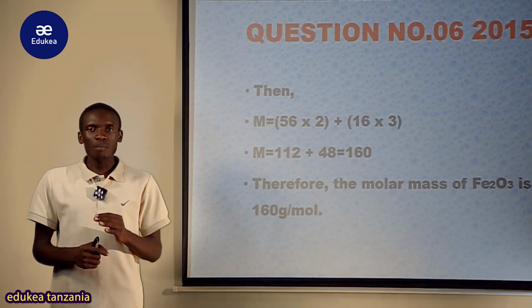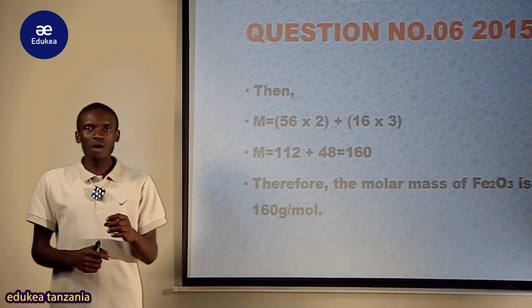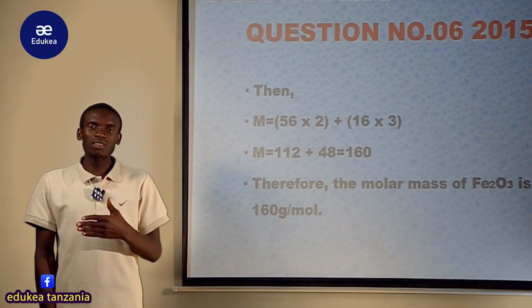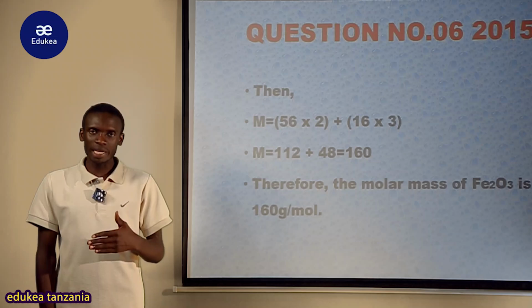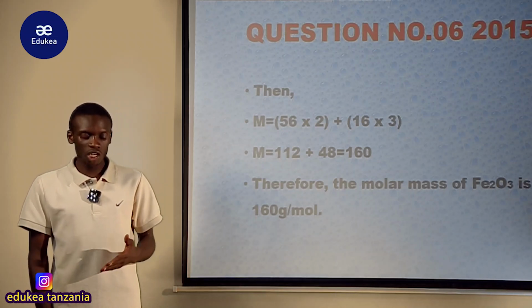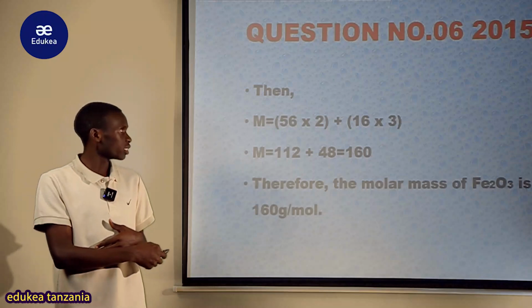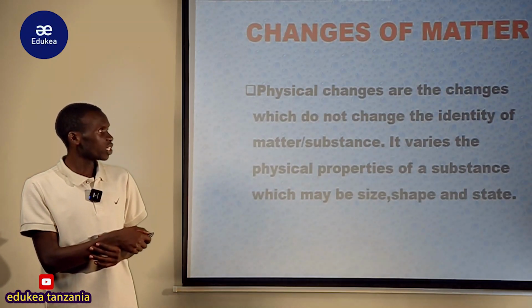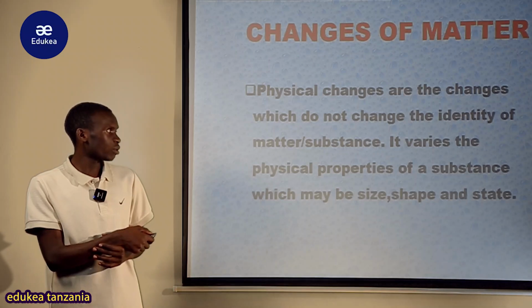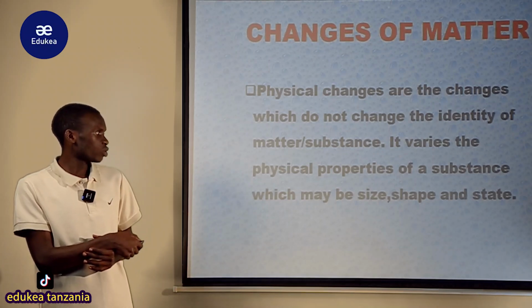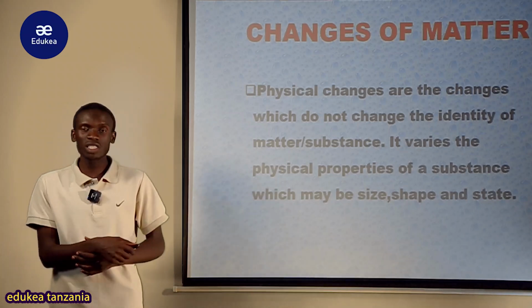But as I've said, before answering the question, you have to know what is physical change and what is chemical change. After then, you can determine those situations that you have been given. Physical changes are the changes which do not change the identity of matter or substance, and they vary the physical properties of substance, which may be size, shape, and state.